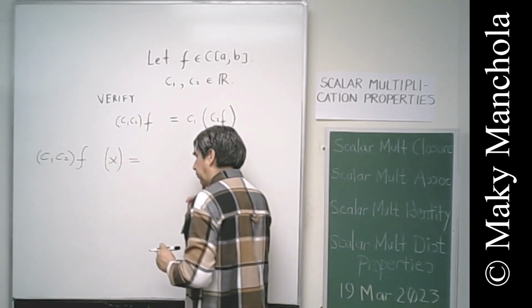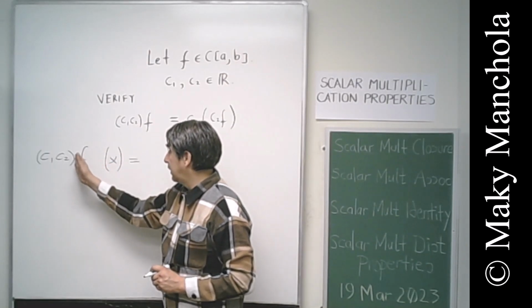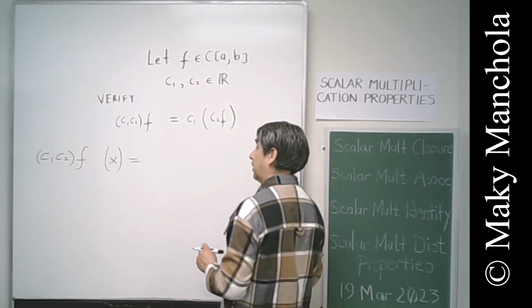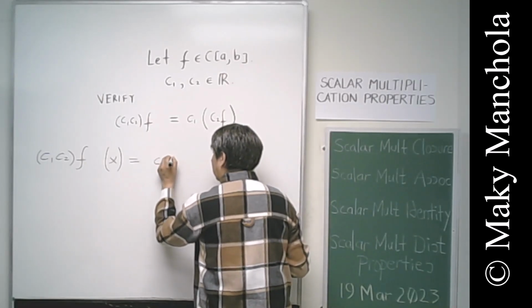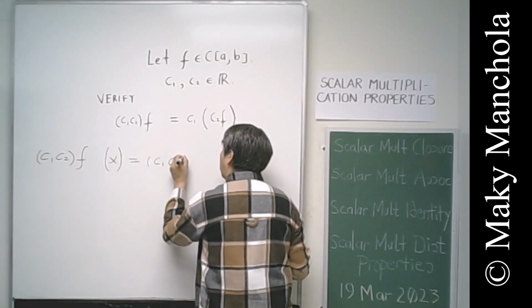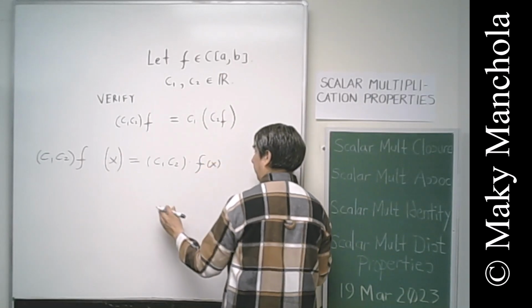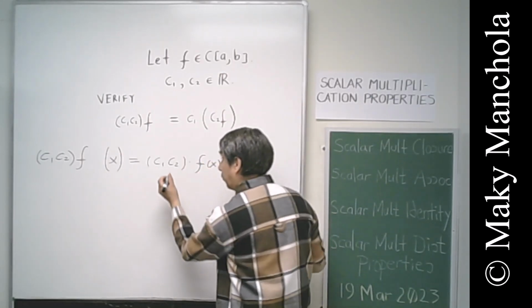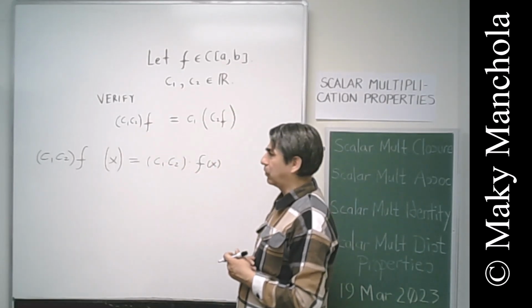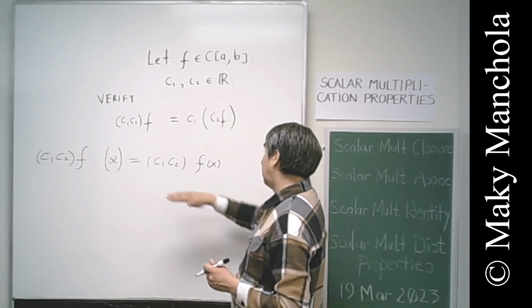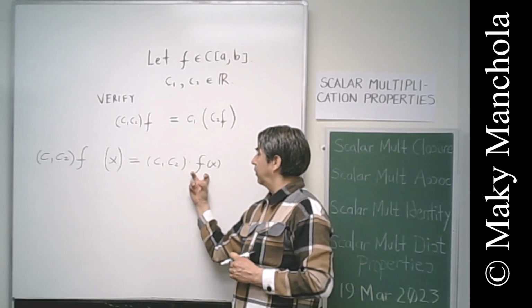What is that equal to? Our definition for scalar multiplication says that this equals the constant c1 c2 multiplied by the real constant f of x. So this is multiplication of real numbers. c1 c2, that's multiplication of real numbers. f of x is a real number.